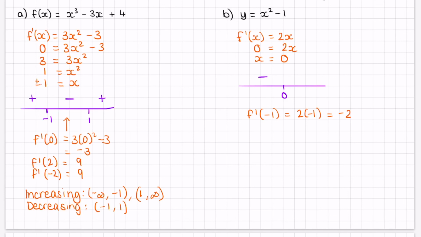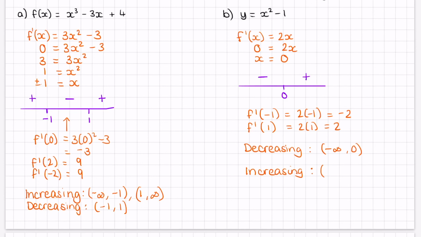And we want to look at a value above 0, so let's just pick the value of 1, and then 2 times 1 is just 2, which is positive, which means it's decreasing when it is less than 0 and increasing when it is bigger than 0. So our function is decreasing from -infinity to 0, and it is increasing from 0 to infinity. And that's all there is on increasing and decreasing functions.